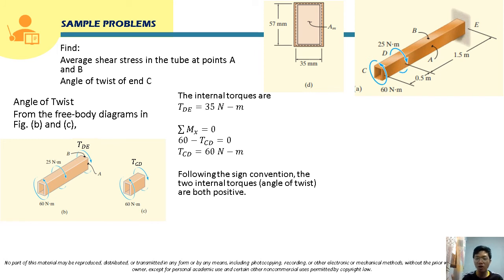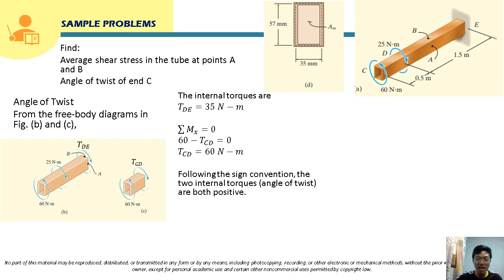So for the summation of the angle of twist, our convention depends on the direction of the double-headed arrow, which represents the torque.